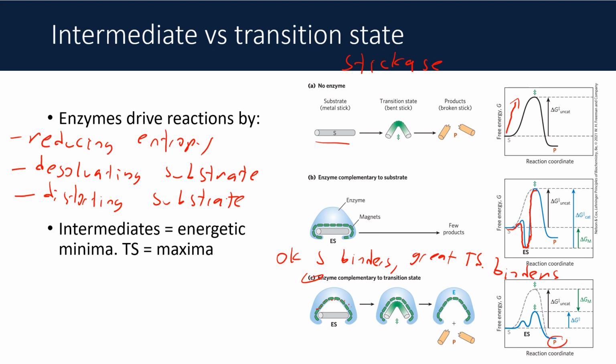It will persuade it to bend and then snap. That's the last key takeaway here. It's all about stabilizing the road to the transition state.